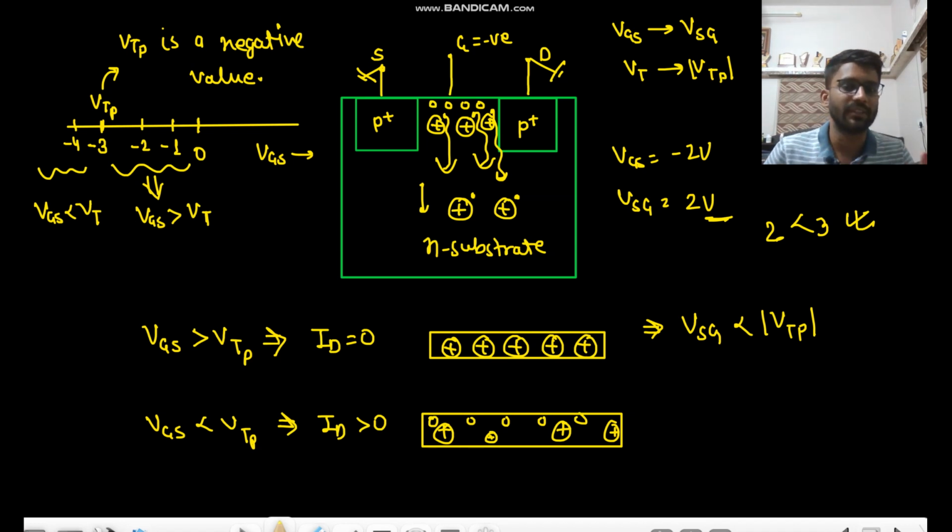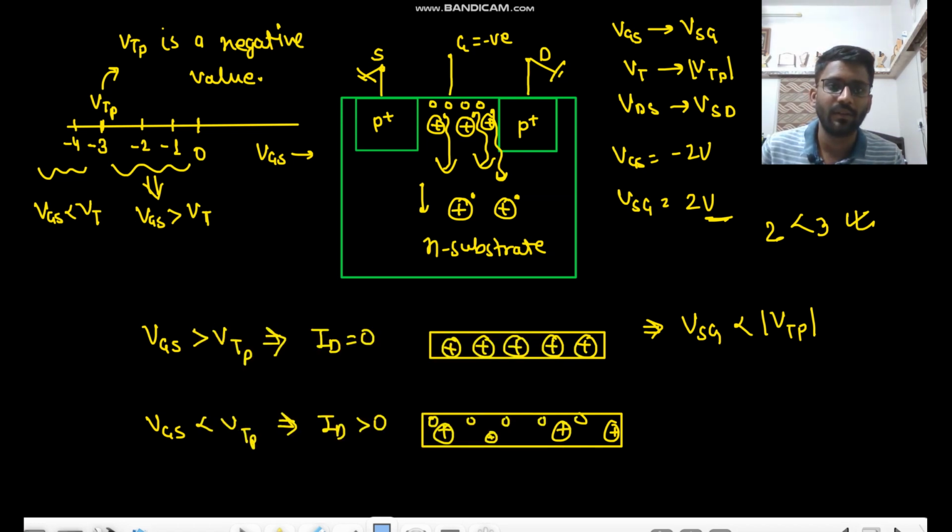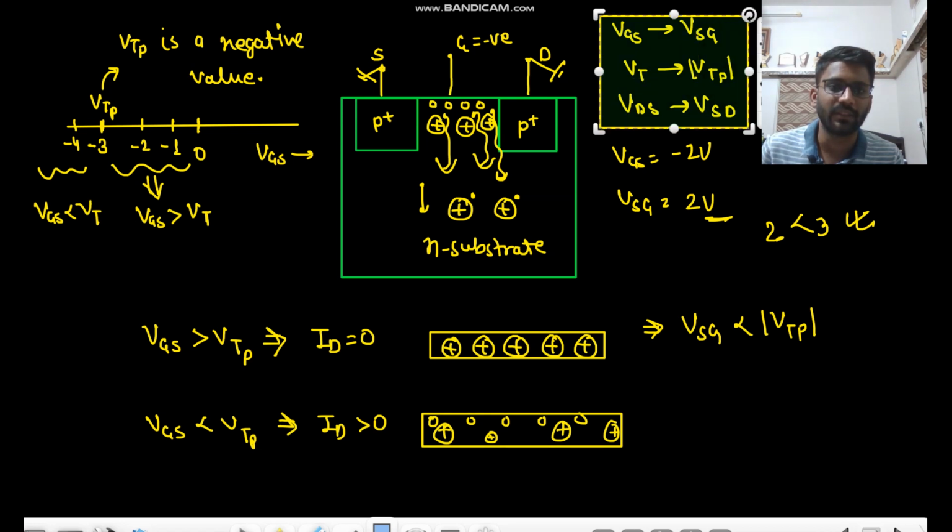That's it. Just write it on some paper or somewhere else that when you are going from NMOS to PMOS, you just need to replace VGS with VSG, VT with mod of VTP, and VDS with VSD. Just you need to replace this.